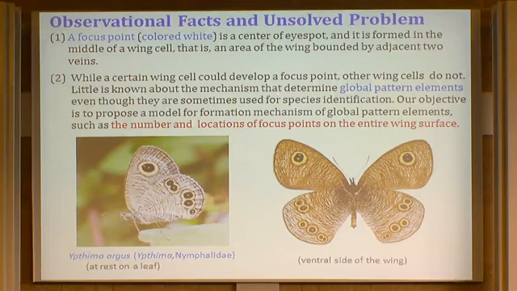So our objective here is to propose a model for the formation mechanism of global pattern elements, such as the number or locations of focus points on the entire wing surface.